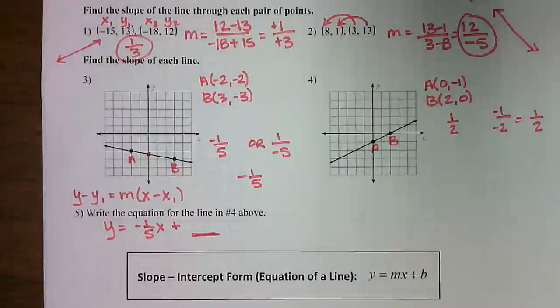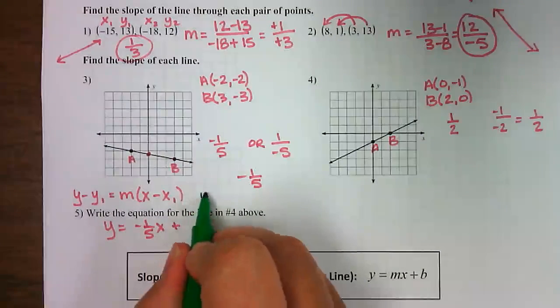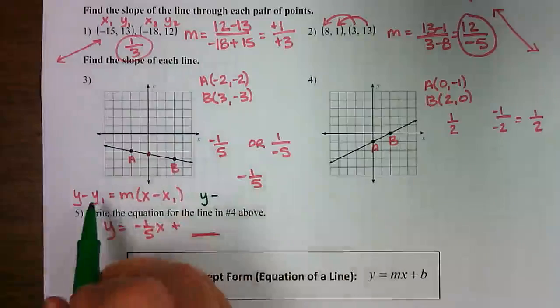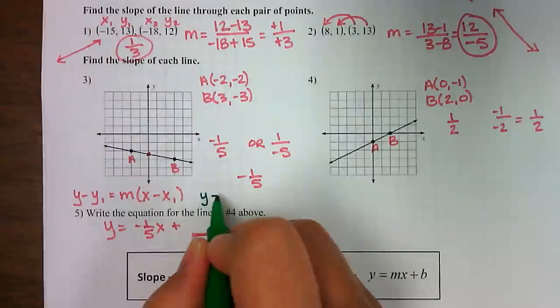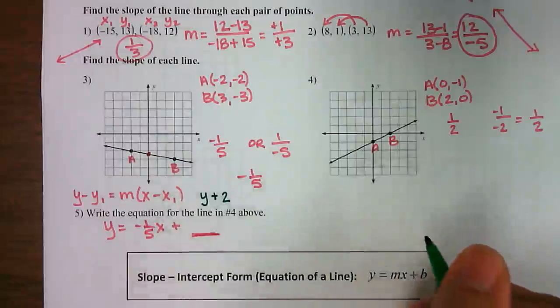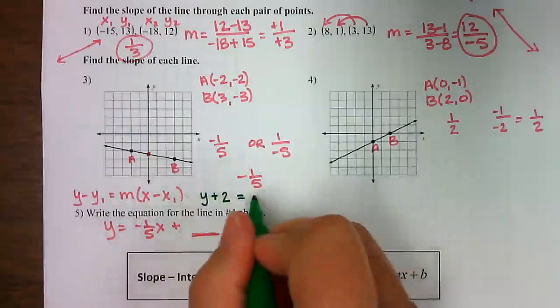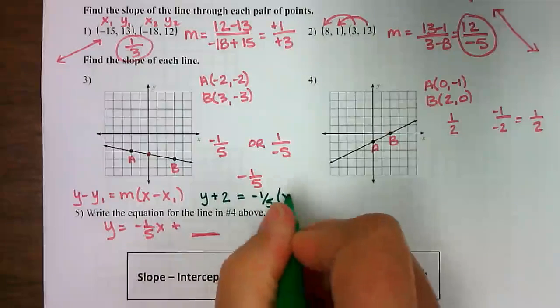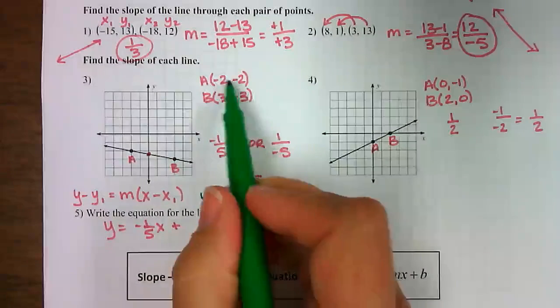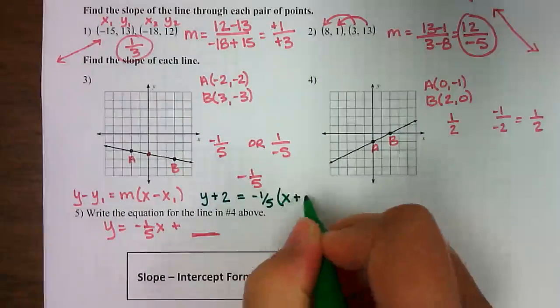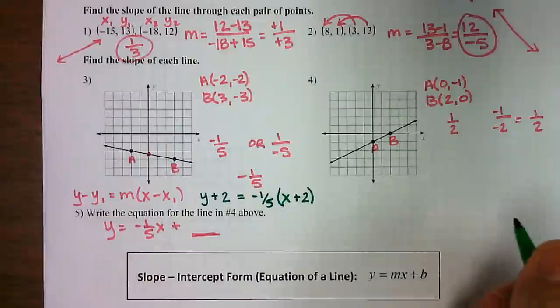So let me change colors here so it'll be a little easier to see. So y minus y1 will be -2, so I'm going to change that to a +2 because I'm doing minus a minus, or minus a negative, equals m, we know the slope, times x minus, and then my x1 is also -2, so minus a -2 would change to a +2.